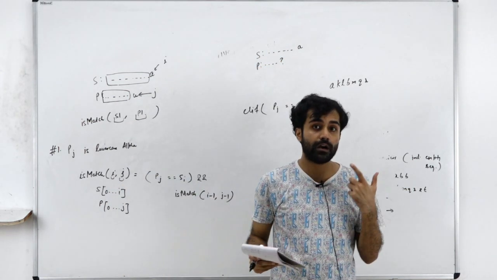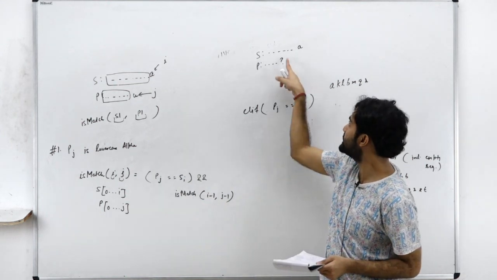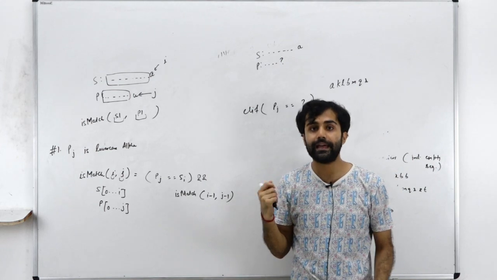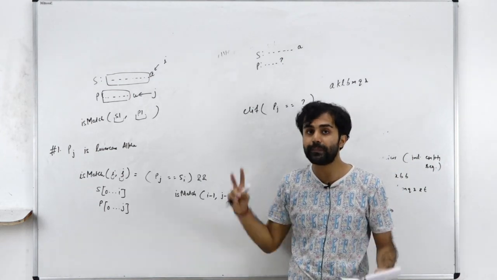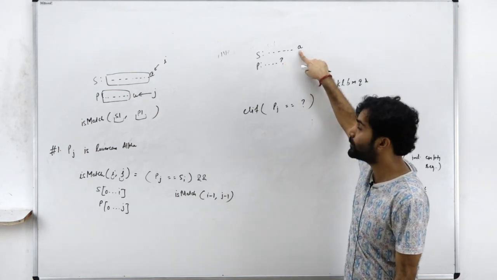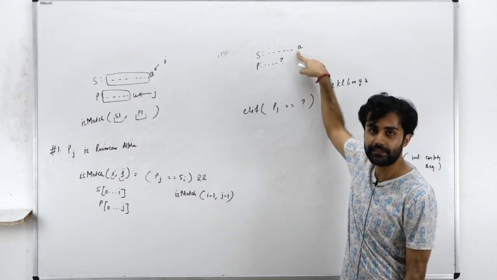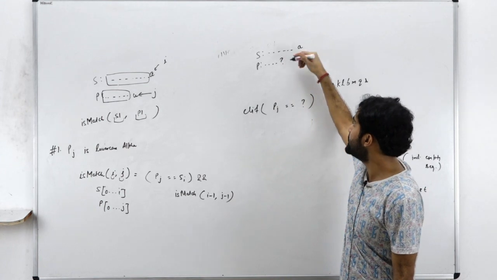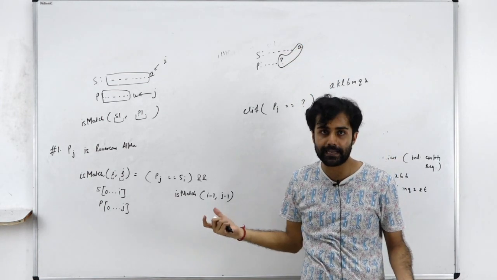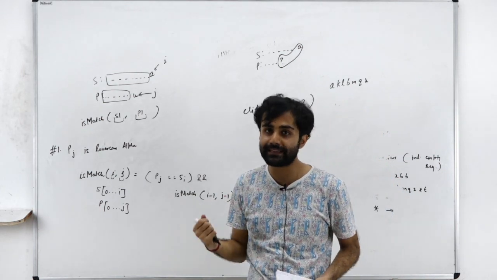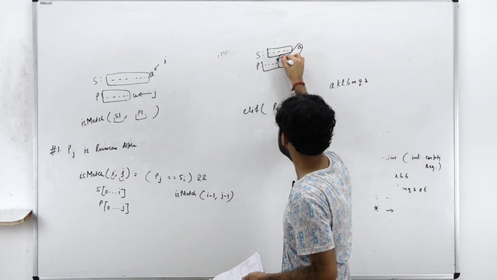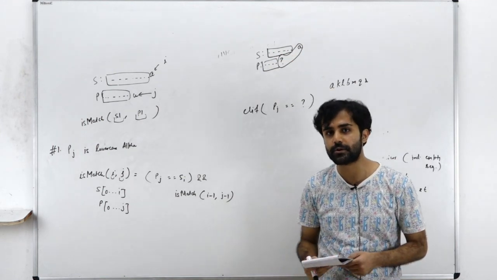Then I can say for surety that, since this can match against any one character, and I'm basically trying to check whether S and P match against each other or not, I would let it match with this A. Now, the moment you let it match, your job for the last characters of the two strings is done. Now, all that you would want to check is whether this much of string S and this much of pattern P are matching against each other or not.